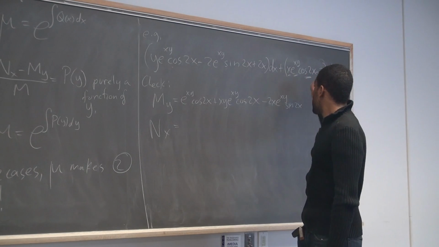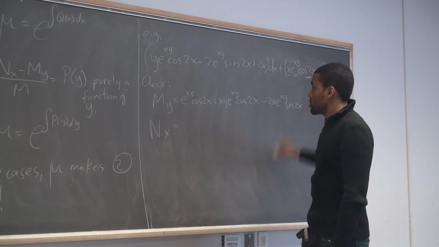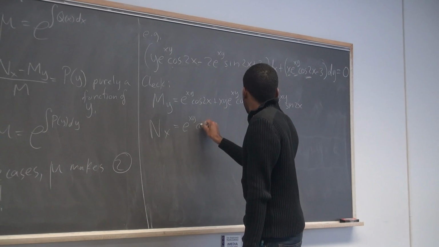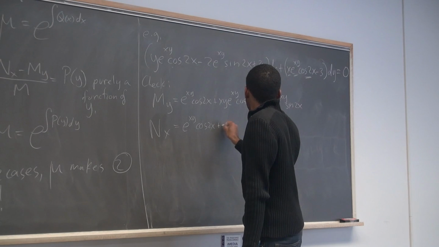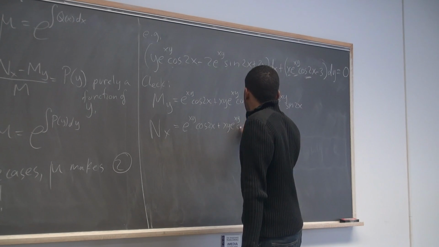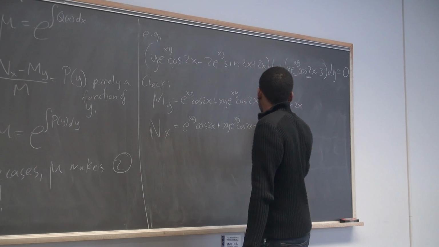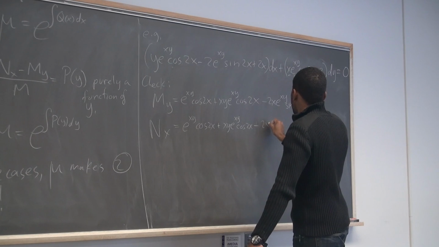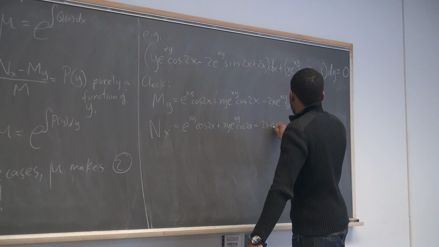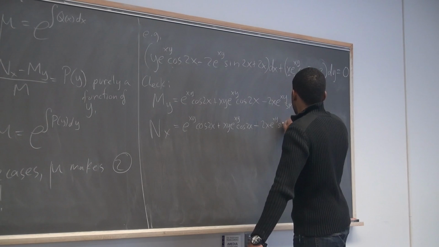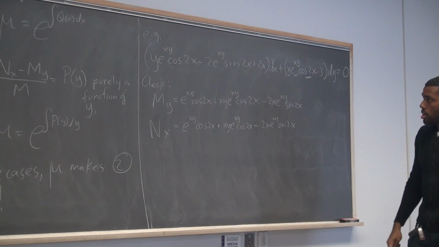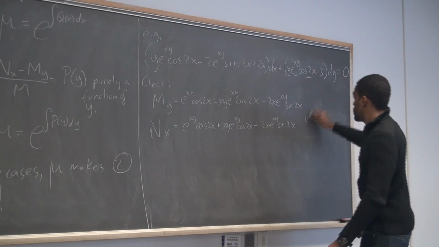Then we differentiate this one, which you would get e to the xy cosine 2x plus xy e to the xy cosine 2x plus, well, minus 2x e to the xy sine 2x. And they're exact.